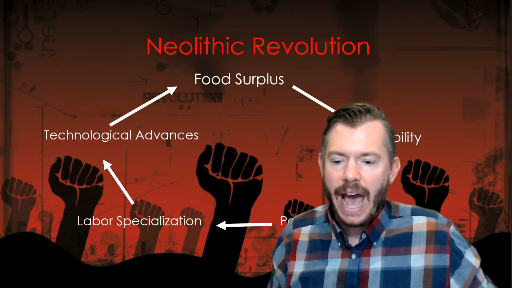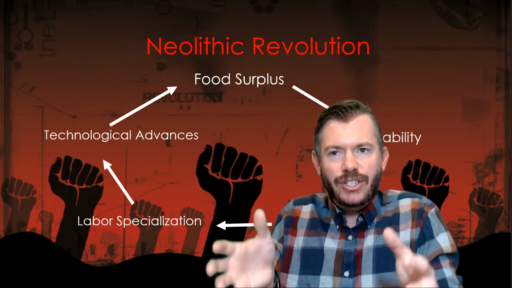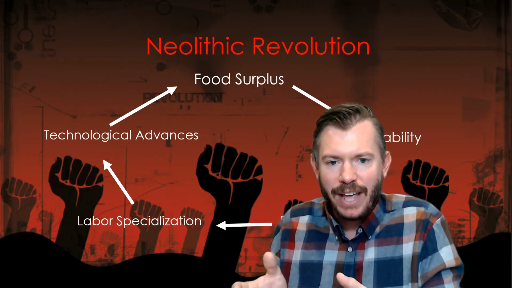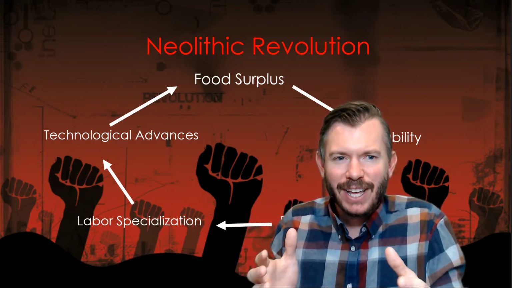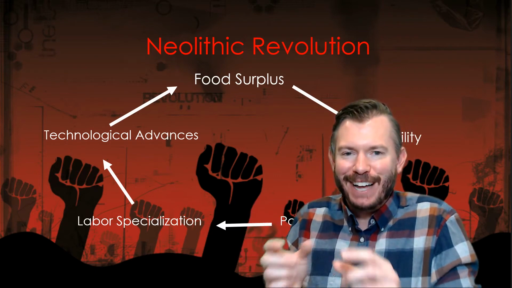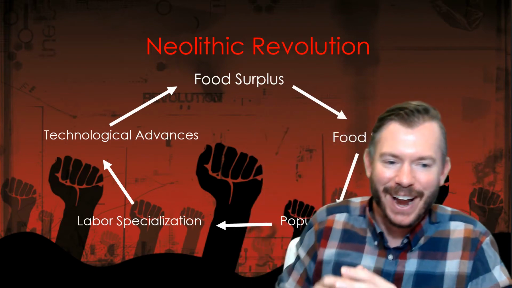And here's how that works, all right? This works because you can start farming and because you can have animals that you're raising, and because you're not moving from place to place, you can actually build up a little bit of extra stuff, right? Just a little bit of extra stuff. That's our food surplus right there.